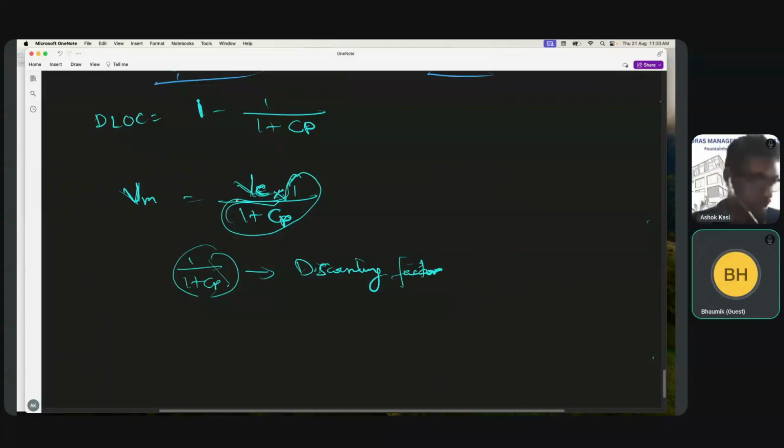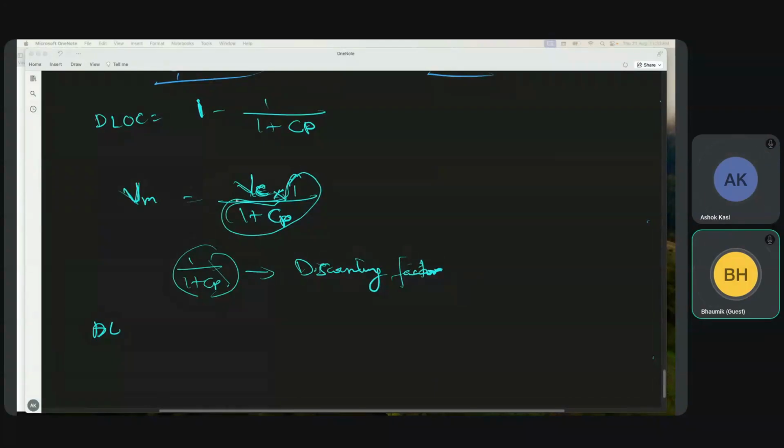So the discount for lack of control is, if the total amount is 1 rupee, minus this, the discount I'm giving.